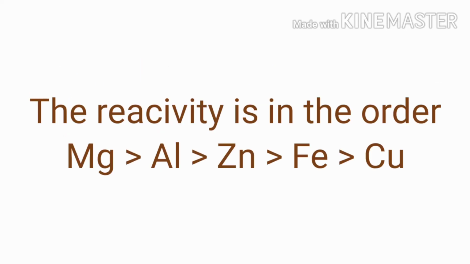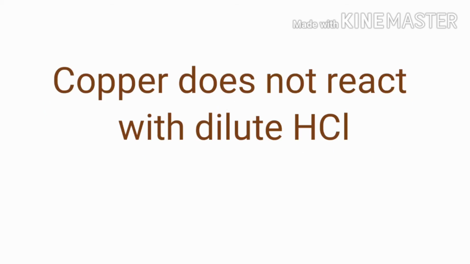Thus, if we put magnesium, aluminium, zinc, iron and copper separately in test tubes containing dilute hydrochloric acid, the order of reactivity will be magnesium > aluminium > zinc > iron > copper. In the case of copper, no bubbles were seen and the temperature also remained constant. This shows that copper does not react with dilute hydrochloric acid.